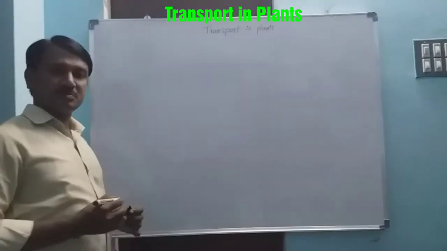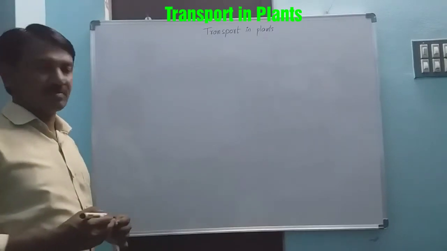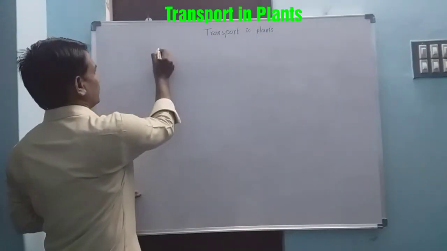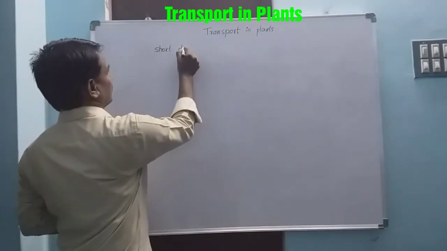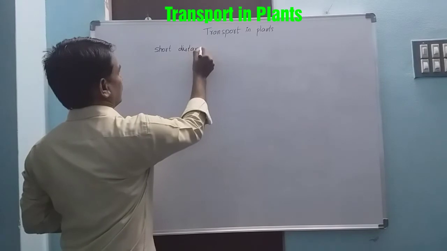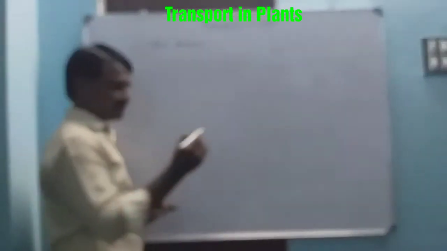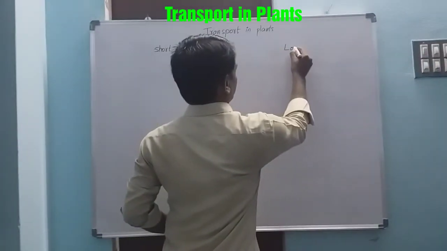In plants, transportation is of two types. Number one, short distance transport system. Second one is long distance transport system.